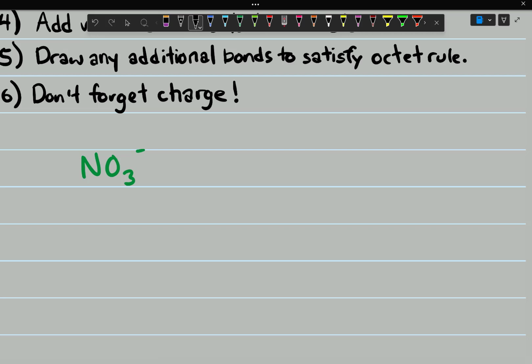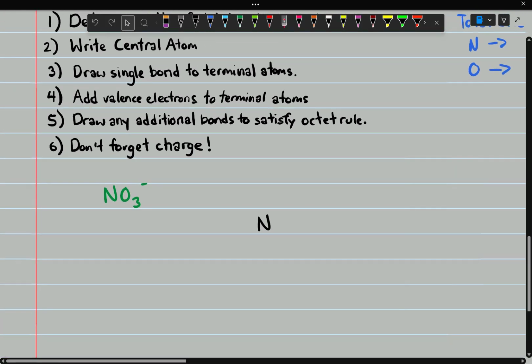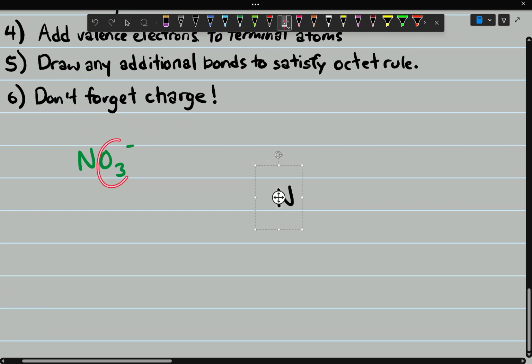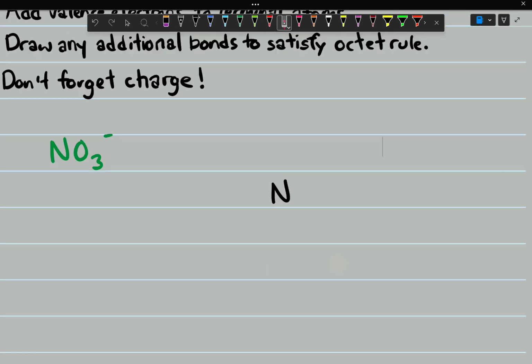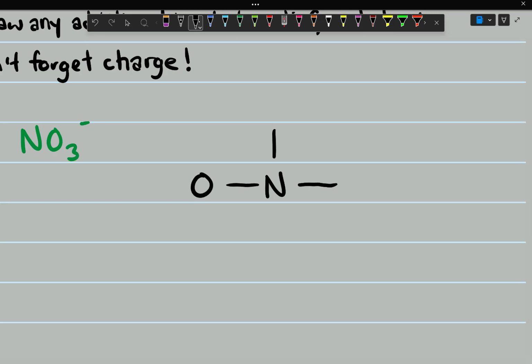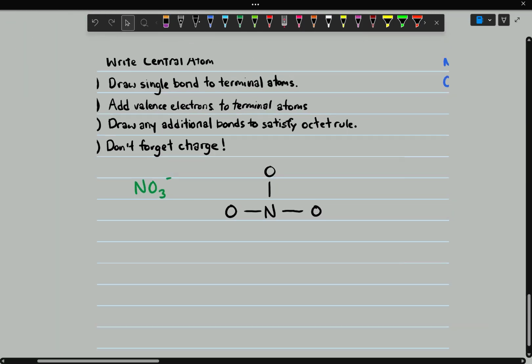So we'll write N as our central atom, and then the next step is to draw a single bond to every terminal atom. Well, we have 3 oxygens as our terminal atom, so all we need to do is just draw a single bond to our terminal atoms.